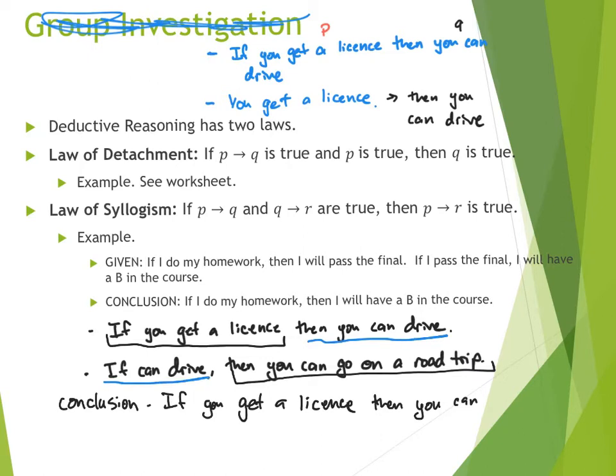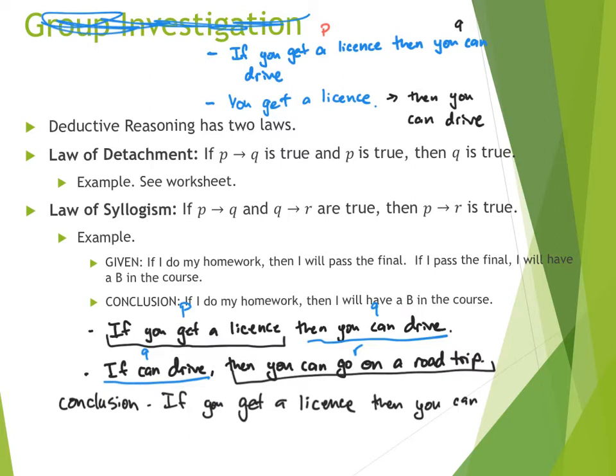Okay? So if the original P is true, you get a license, then you can drive. If you can drive, then you can go on a road trip. Because each sentence has the same Q, logically, P then also leads to R, which is what this whole thing is saying.